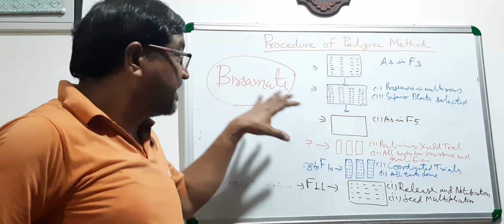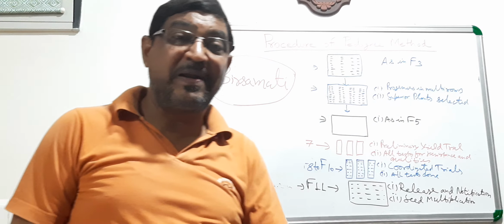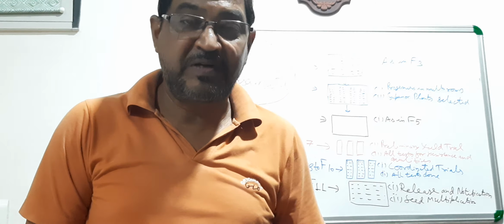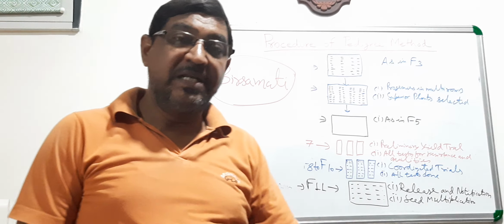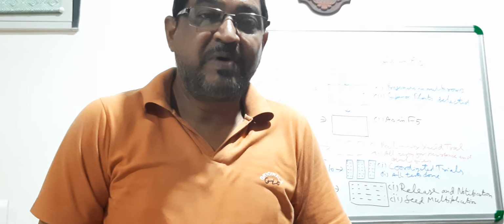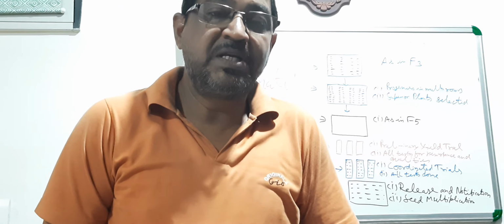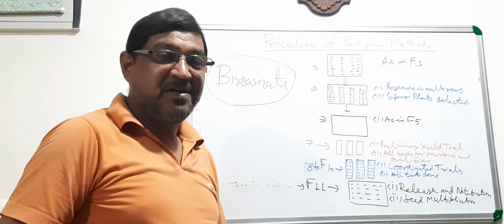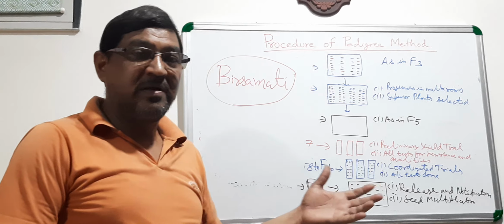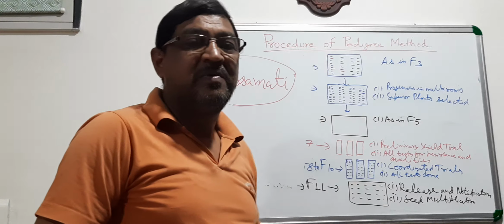Of course, since this material was developed in state plan, I was the in charge of ICAR, All India Coordinated Plan. So I was not involved finally in the release proposal. So Birsamati was released, notified by Birsa Agriculture University in 2005. During those days, it was Jharkhand, because in year 2000, it was separated from Bihar and became Jharkhand.